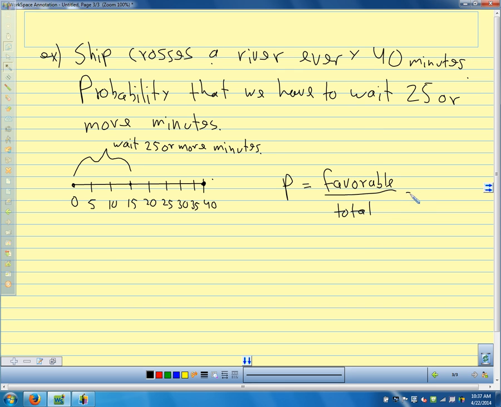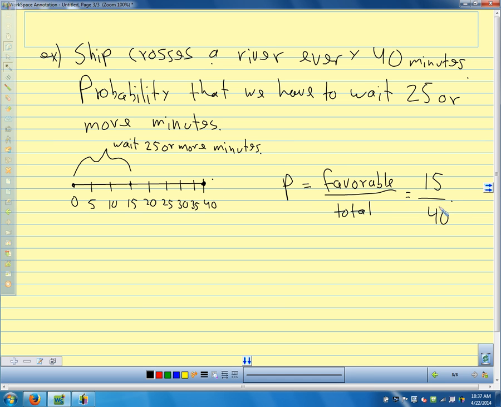So how long is our favorable segment where we're waiting 25 or more minutes? What's the length of the segment where we wait 25 or more minutes? 15. What's the total length of the segment? The whole thing? 40.